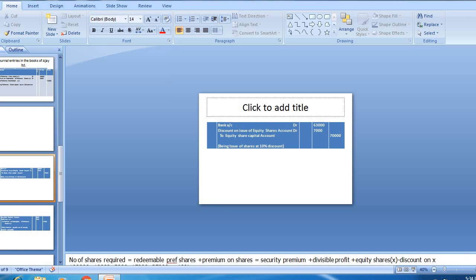The formula is: number of shares required is equal to actual redeemable preference shares plus, if any shares are being repaid at a premium, that premium should be added, which is equal to securities premium plus divisible profit plus equity shares. Let us consider the required amount of equity shares as X, and since these equity shares are issued at a discount, let us deduct the discount amount. So let us apply this formula.